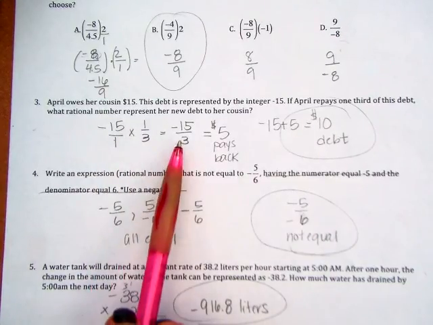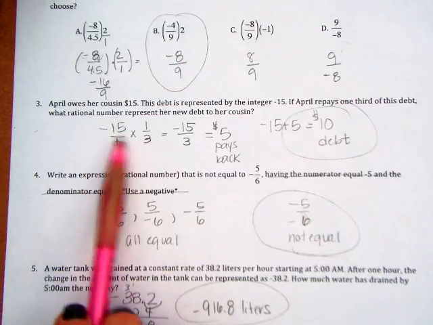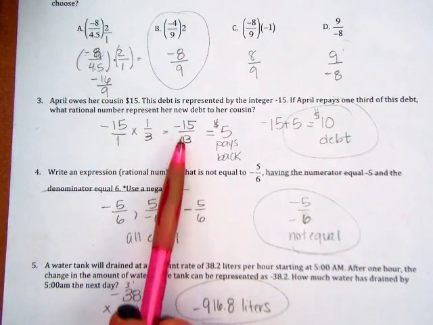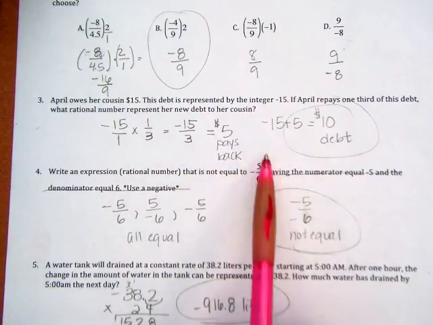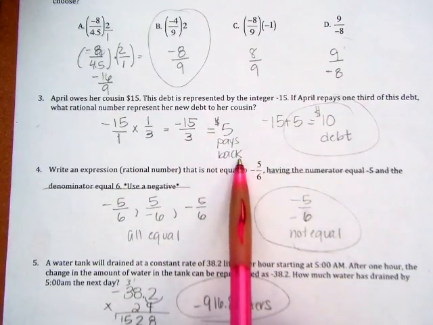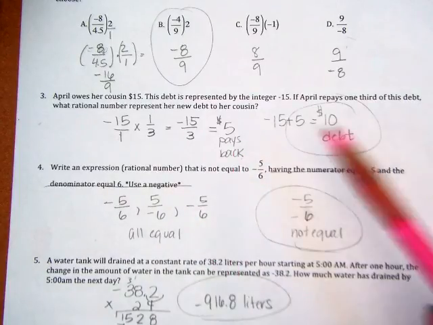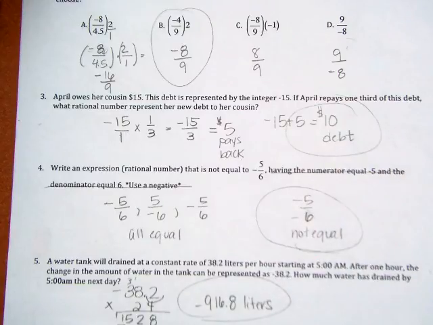Multiply straight across. And I cross reduce here so that I don't have to reduce at the end. Then you just divide it down. And $5 would be negative $5, or she owes $5 to be paid back. So you take the negative 15 that they already owed, and now the debt is $10.